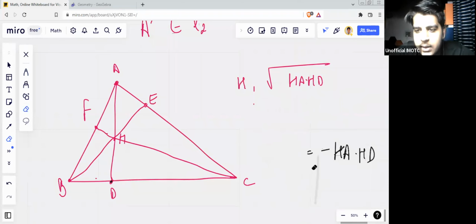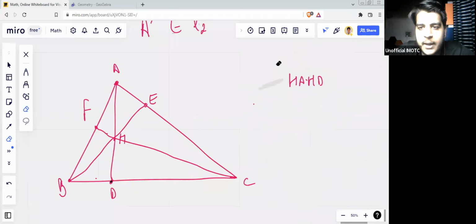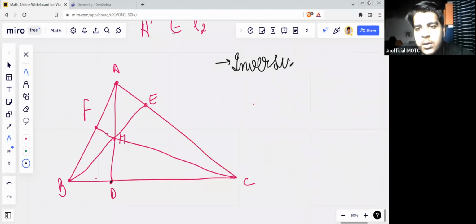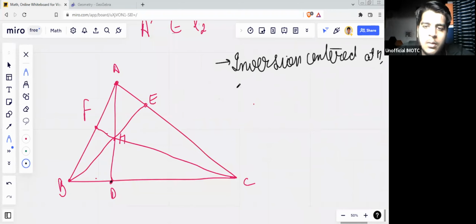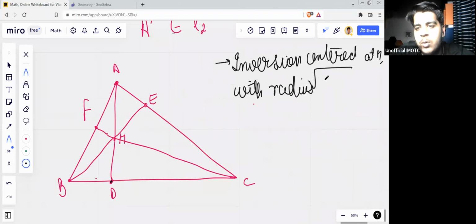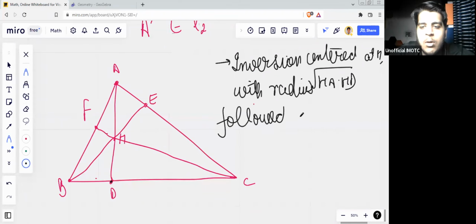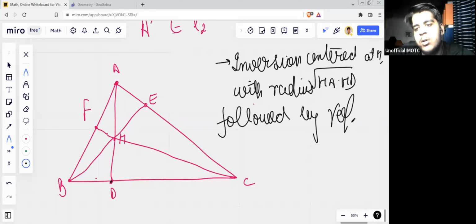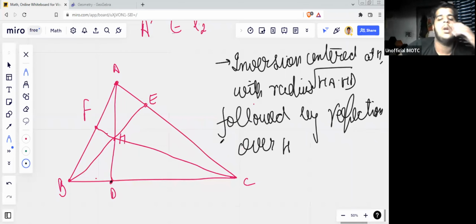As Amish said, I guess we can define it as inversion centered at H with radius root HA into HB, followed by reflection over H.